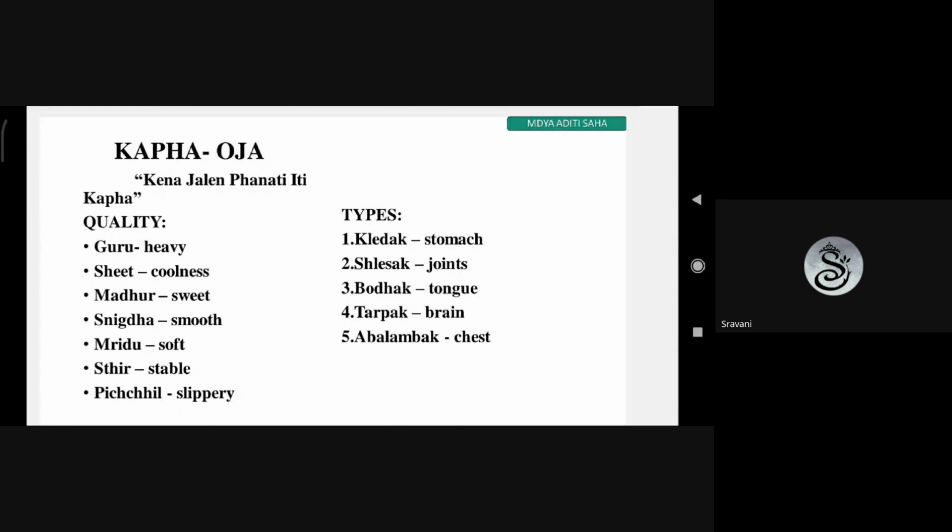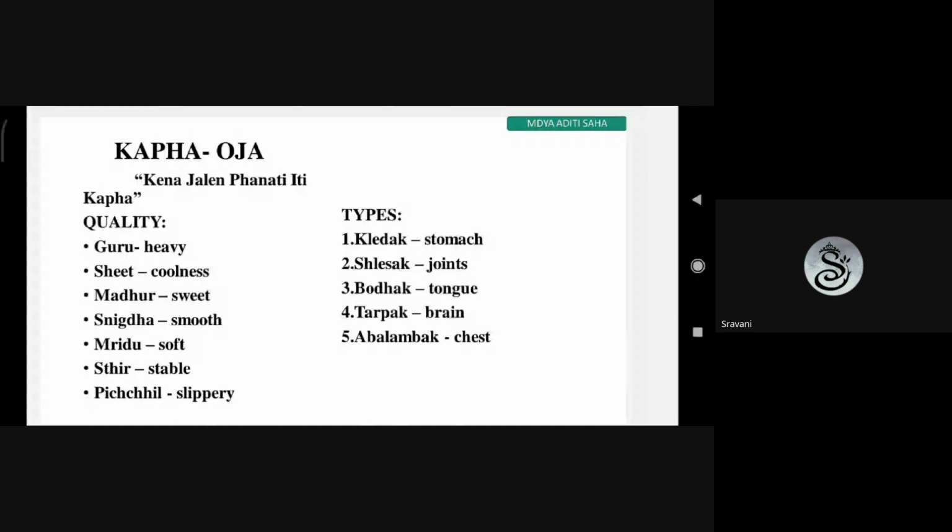Now, five types of Kapha. Kledak. Kledak Kapha resides in the stomach. Slesak Kapha that we can find in joints, like synovial fluid in joints. Bodhak Kapha that makes you feel.